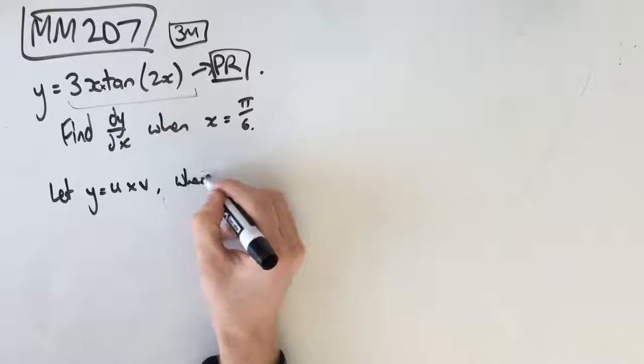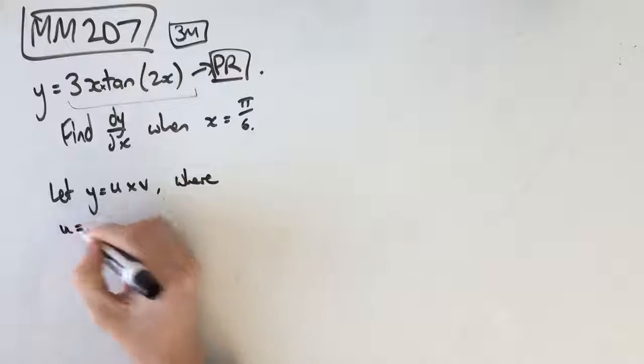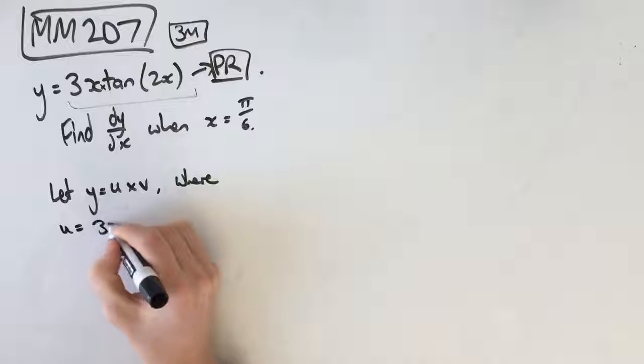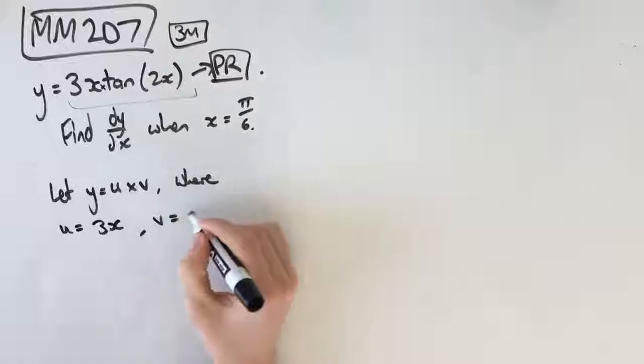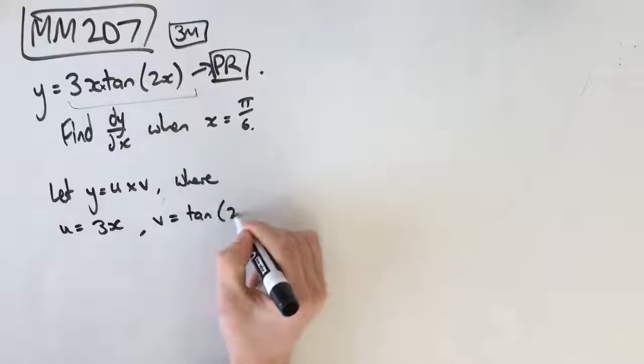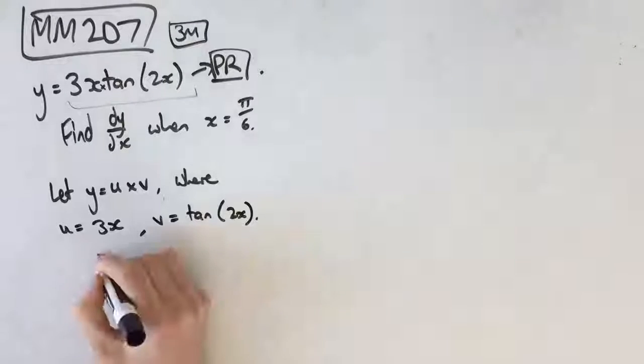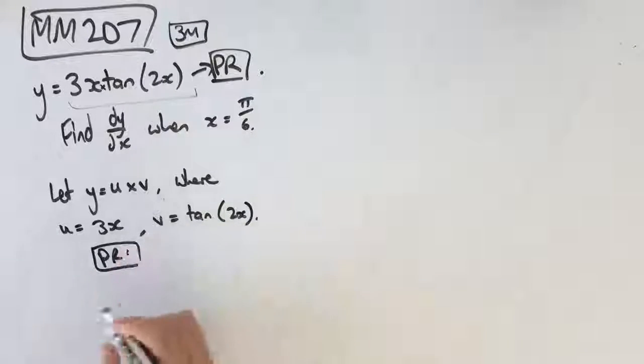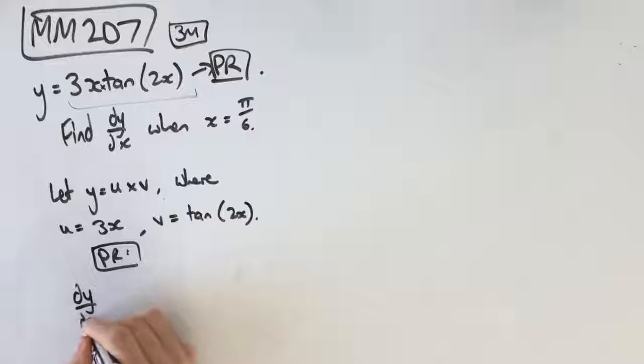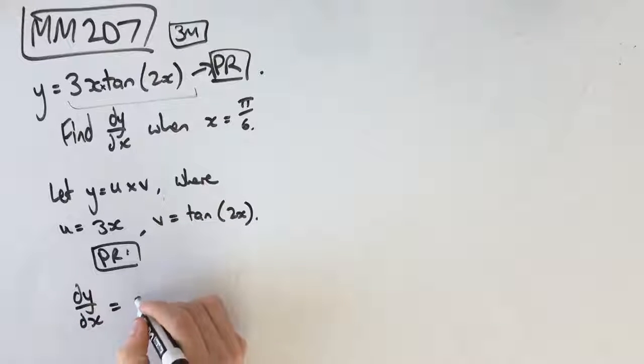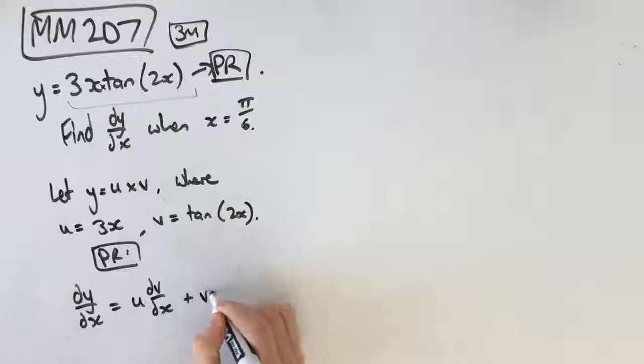So let y equal u times v, where u equals 3x and v equals tan of 2x, right? Now our product rule tells us that dy/dx is equal to u times dv/dx plus v times du/dx.